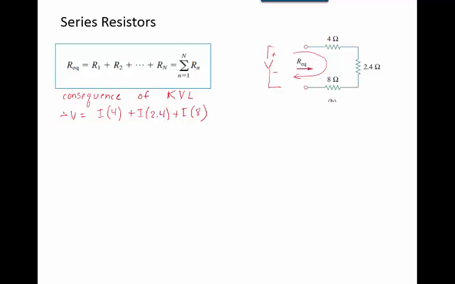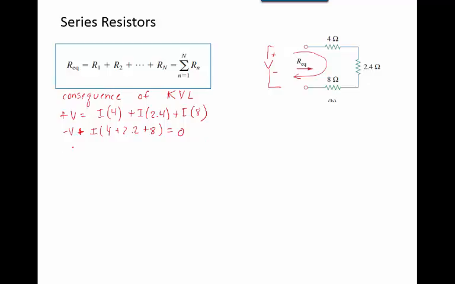That would be plus V, because if I said minus V, it would be minus V plus I 4 plus 2.4 plus 8 equals 0, but I moved the sources up to the other side, right? That's Kirchhoff's voltage law.